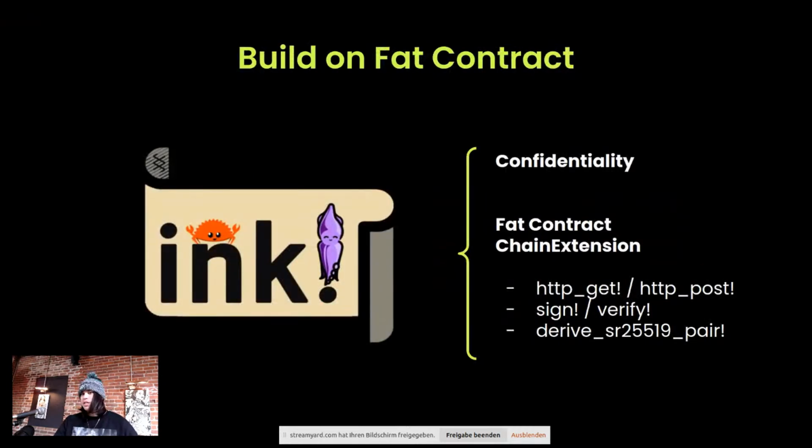So with this, like with fat contracts, we're able to build on top of Ink smart contracts, because fat contracts are an extension of Ink smart contracts, with the exception that we were able to extend the Ink smart contracts with HTTP requests and privacy.